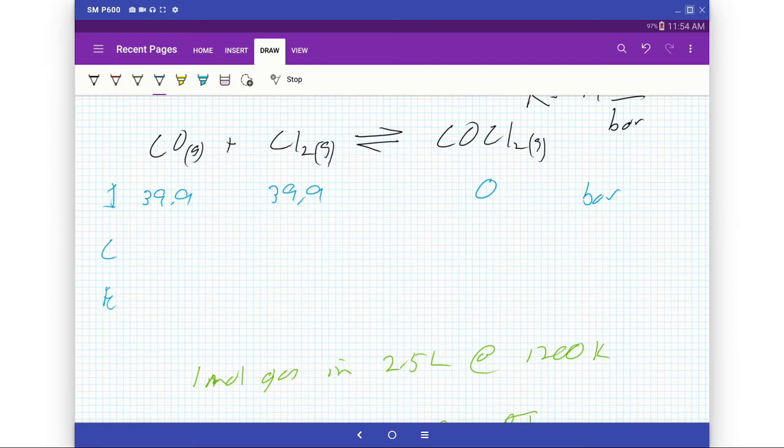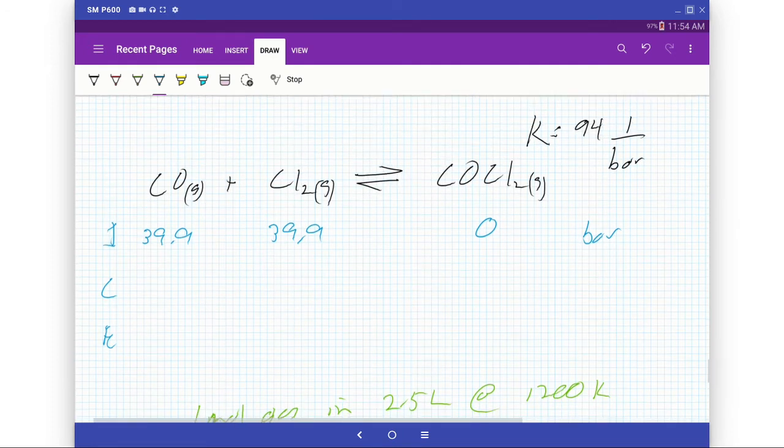And you had 0 of the product, phosgene. The equilibrium constant still favors the products. It's greater than 1, but we don't have any products. So the first step is to shift to the side favored by the equilibrium constant, which means minus 39.9.